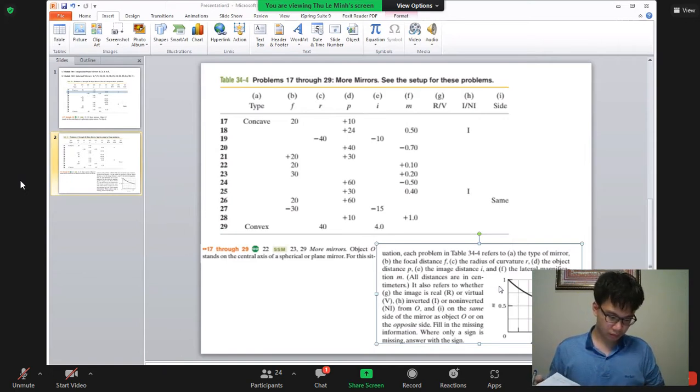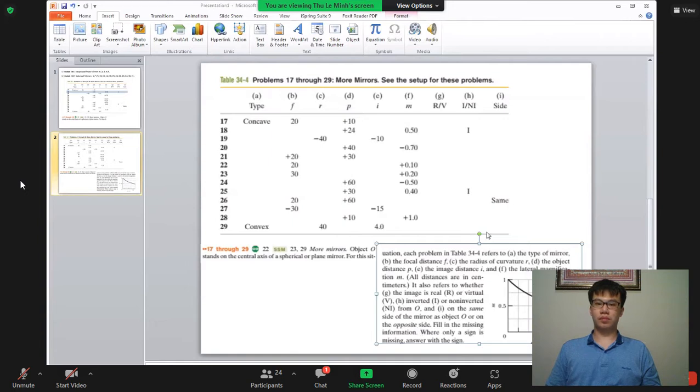It also refers to whether G, the image, is real or virtual V, and H, inverted or non-inverted, meaning the same direction as the object or the opposite direction, and the last, I, on the same side of the mirror as the object or on the opposite side.